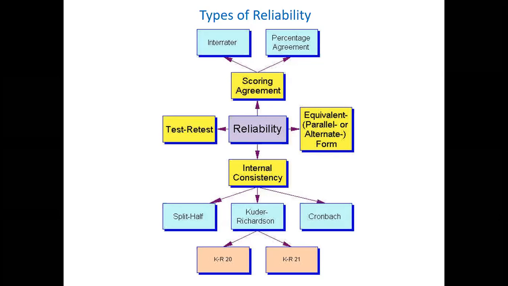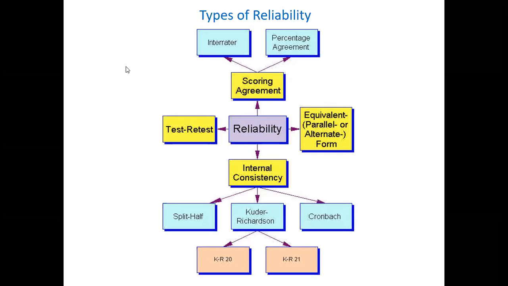For example, in a situation where you want to see if an instrument is consistent, if I apply it now and come back and apply it again, the commonest method you can use, especially for an instrument, is test-retest.